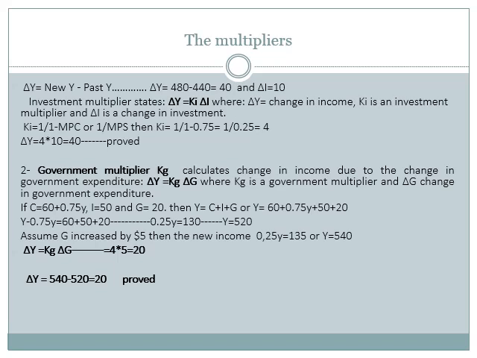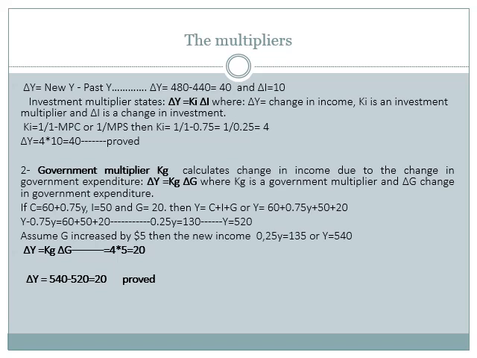And delta I, as mentioned, increased by $10. The change in investment equals $10. Investment multiplier states that delta y equals ki delta I. Delta y, change in income. Ki is known as an investment multiplier, and delta I is a change in investment.